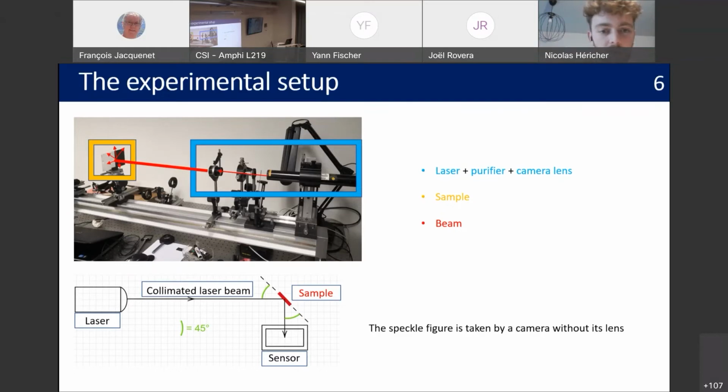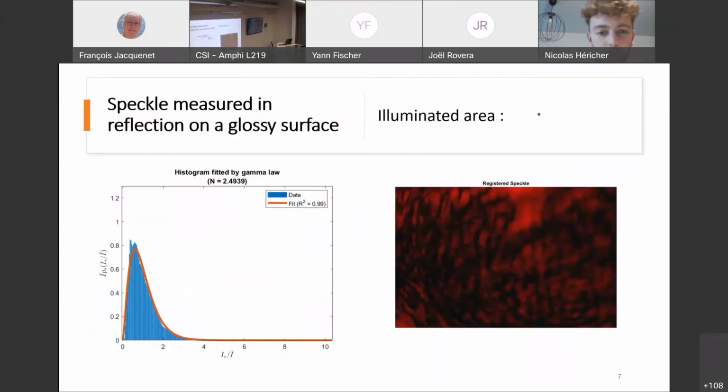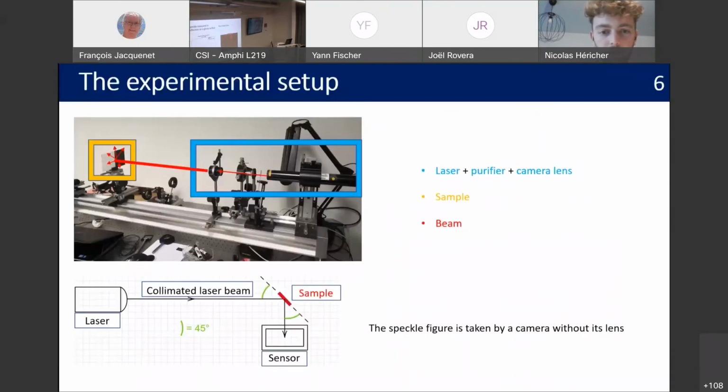And the optical lens can be translated along the optical axis in order to change the size of the spot on the sample. The speckle figure is taken without the camera lens on the camera.